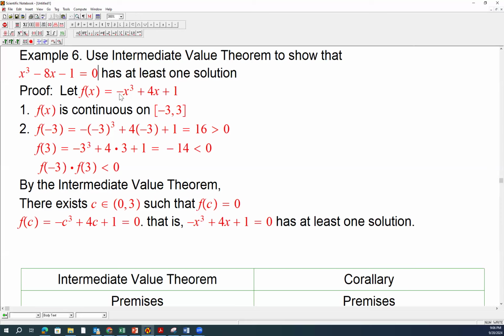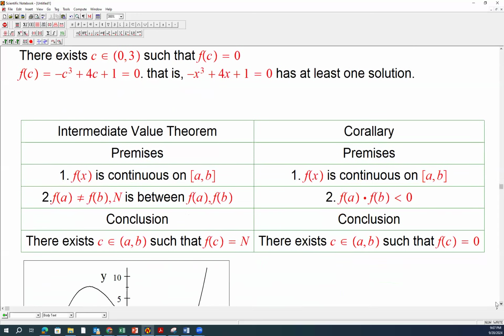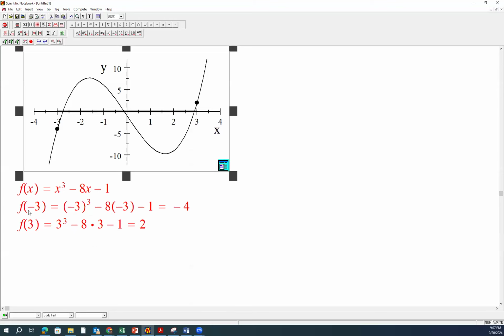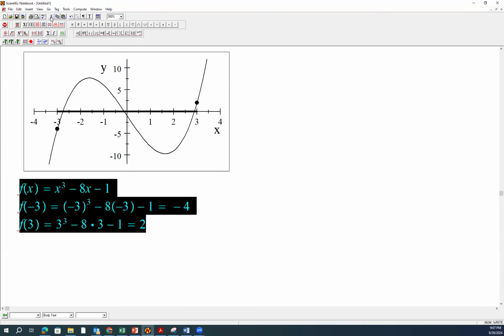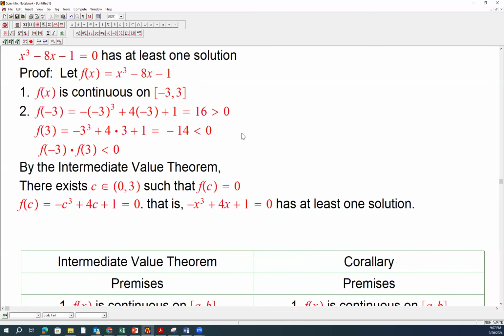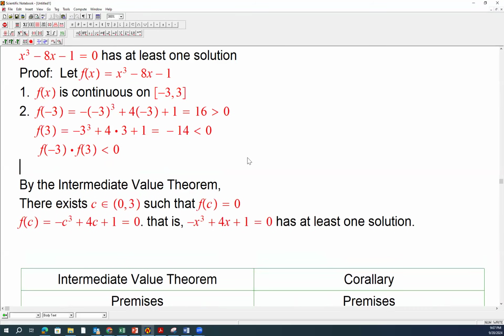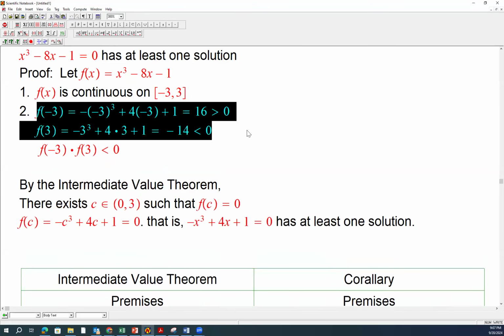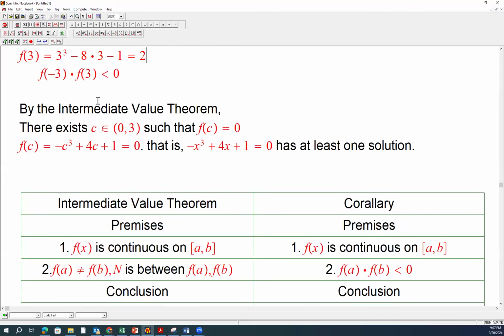So we're going to have f of x equal to that piece, because in this case it's just so obvious. It is continuous. We identify the interval and f of -3. I've done the calculation. I've done my homework. So this is the picture, right? This is the picture. And I just need to put it in place.